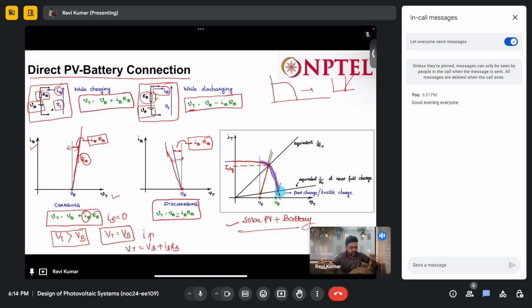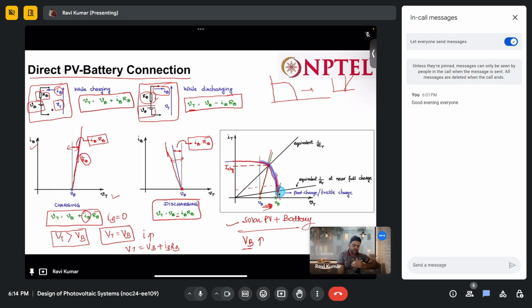When this battery is being charged, this VB will increase. VB is the voltage of the battery, and it will increase. Because this VB will increase, this point will shift this side, and while this point shifts this side, this entire characteristics will be here only, and now the current will reduce. So it is automatically controlling the charging of the battery.